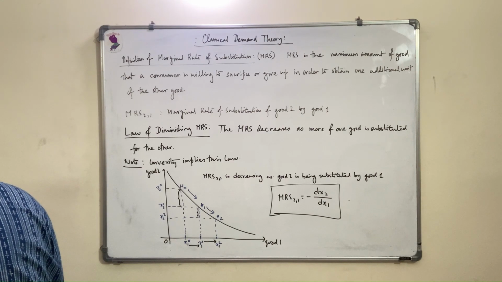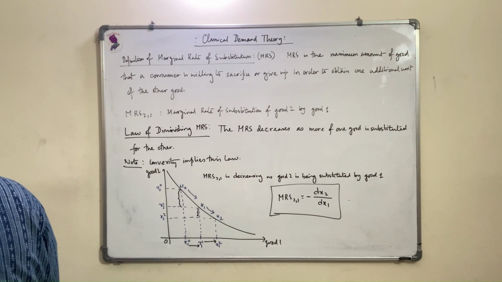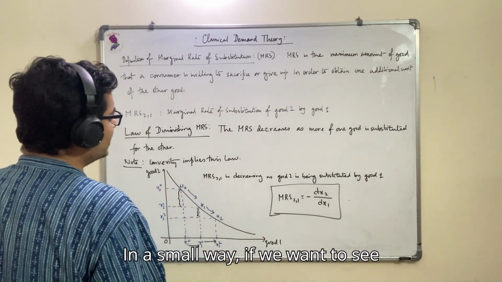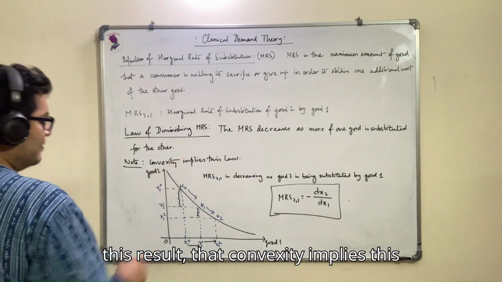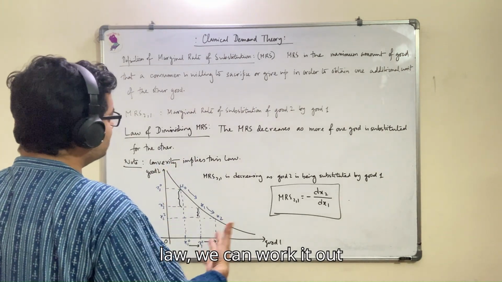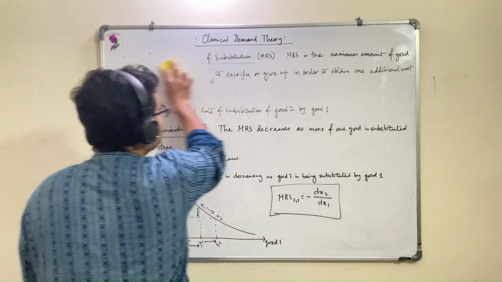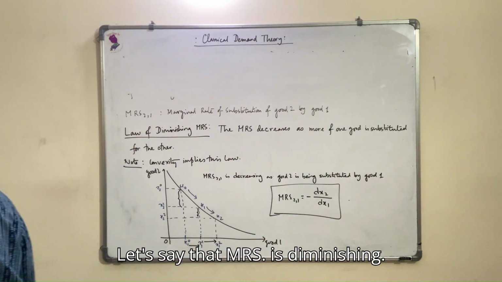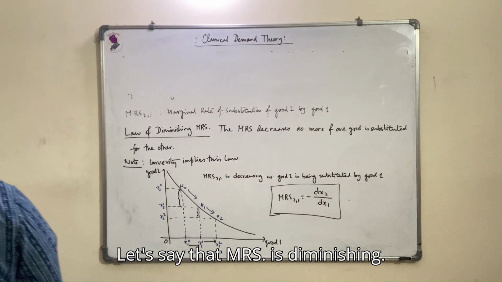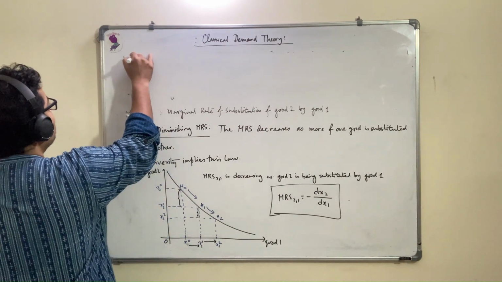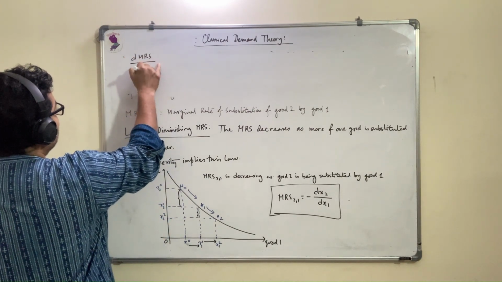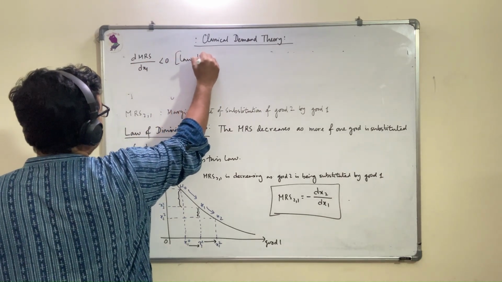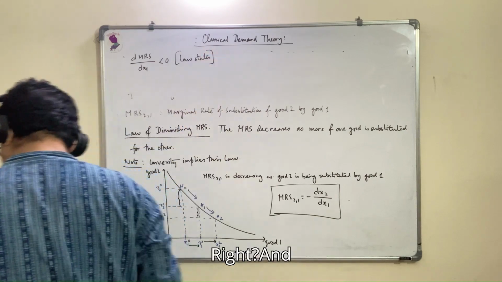So now in a small way, if we want to see this result that convexity implies this law, we can work it out like this. We have said that MRS is diminishing. That means dMRS dx1 is negative. This is what the law states, right?